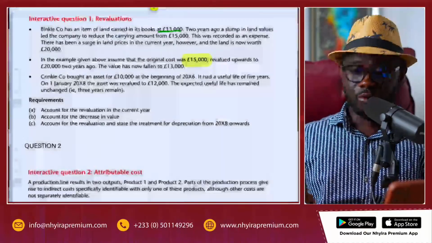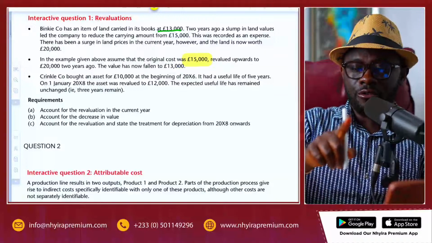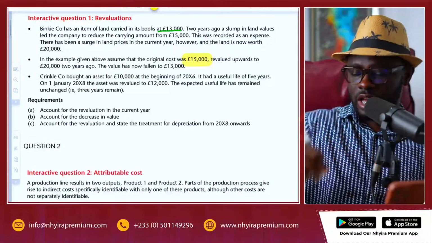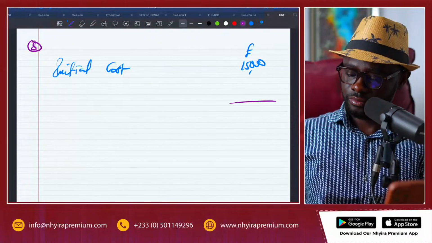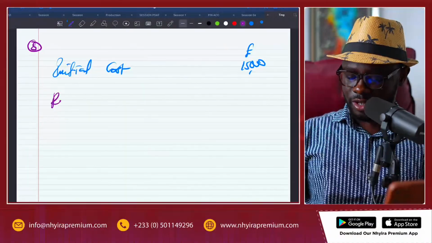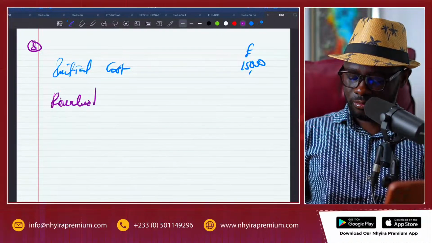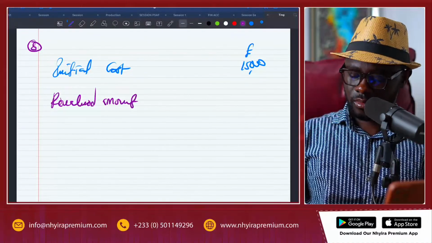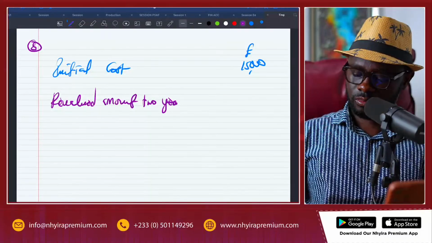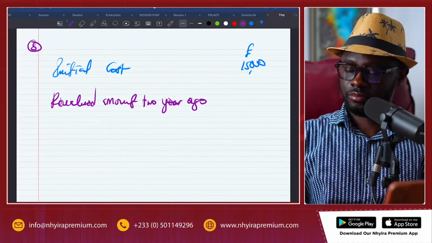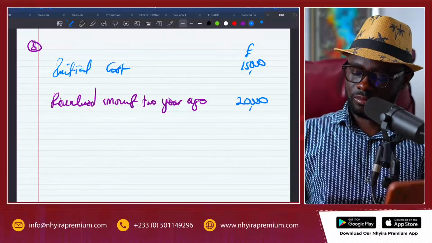Then, what are we told? Revalued upward to £20,000 2 years ago. So let's go. We bring in the revalued amount 2 years ago, 20,000.